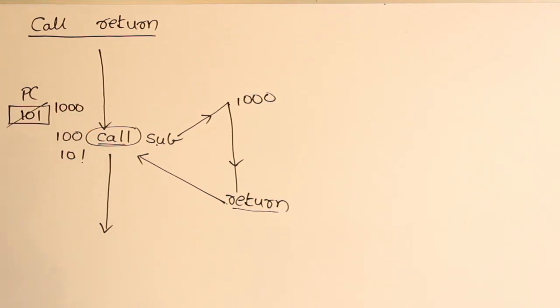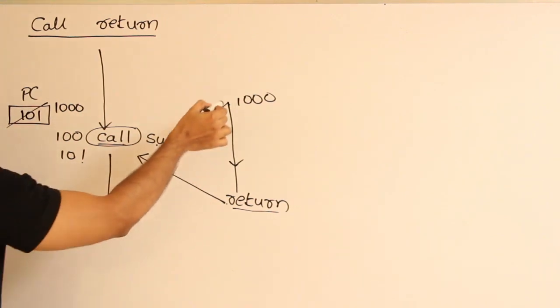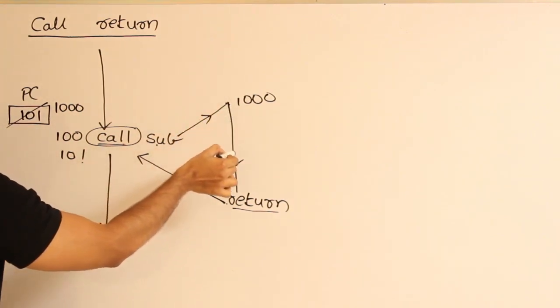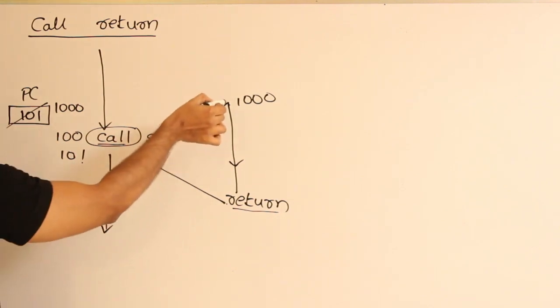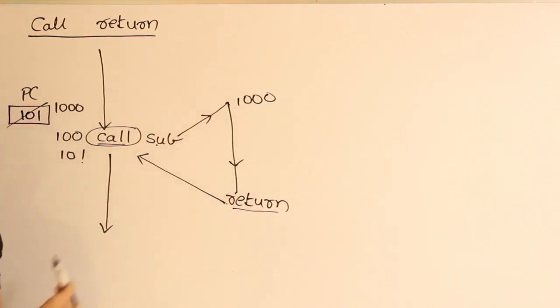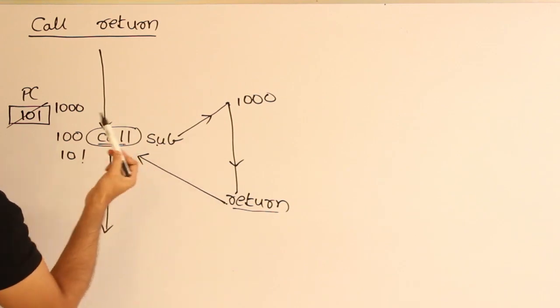Now the problem is, once you load the program counter with 1000 and start executing, this address 101 is permanently lost, isn't it? The only pointer which holds 101 is the program counter. Once you overwrite it, it is permanently lost. Therefore, even after you execute this entire function, we don't know where to return, right?